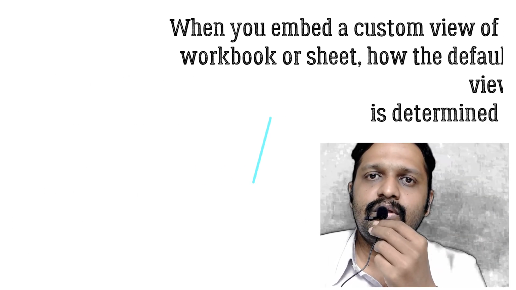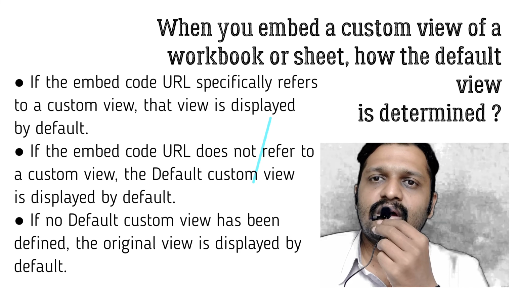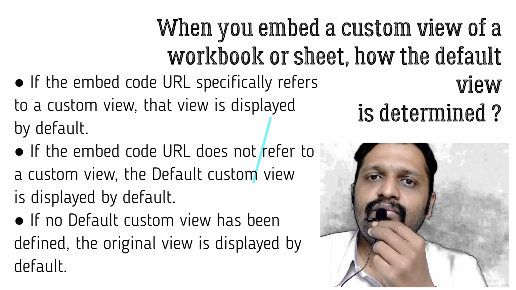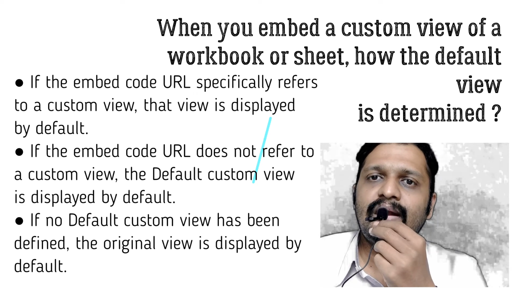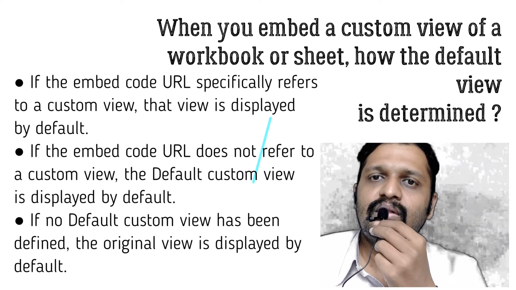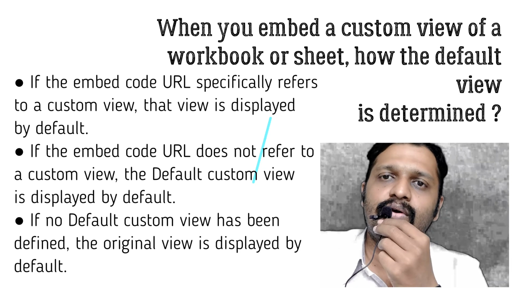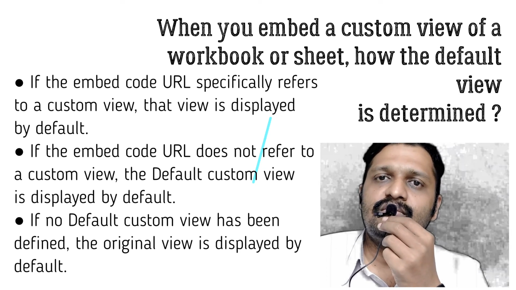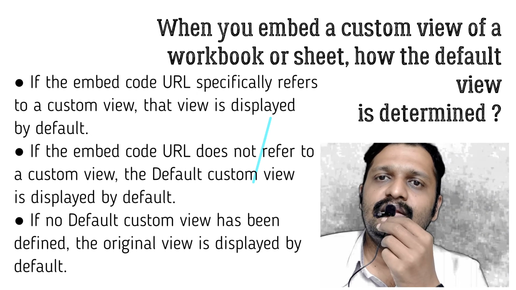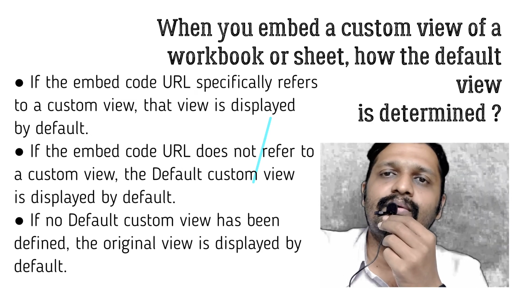If the embed code URL specifically refers to a custom view, that view is displayed by default. If the embed code URL does not refer to a custom view, the default custom view is displayed by default. If no default custom view has been defined, then the original view is displayed by default.